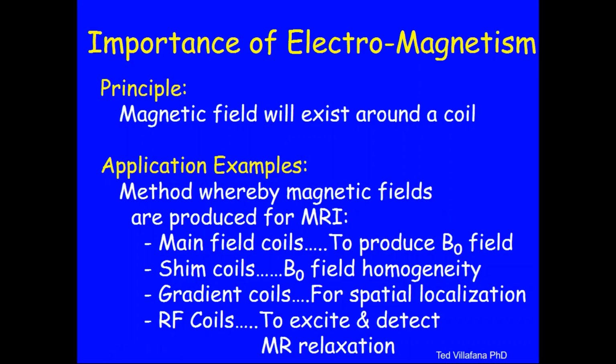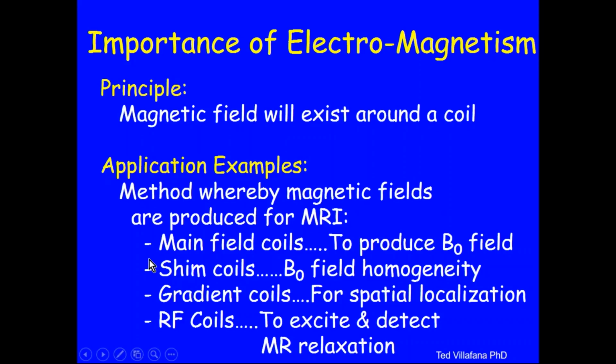Their role is to excite and detect the MR relaxation process. But those are coils. You pass a current through those coils, you get a magnetic field. Then you put that magnetic field to work, in this case, to excite the various tissues and to detect as those tissues relax.